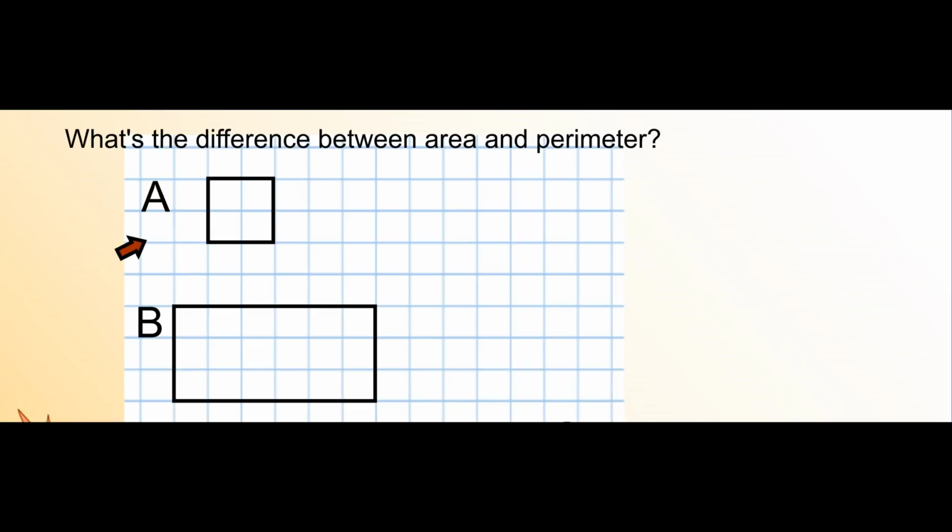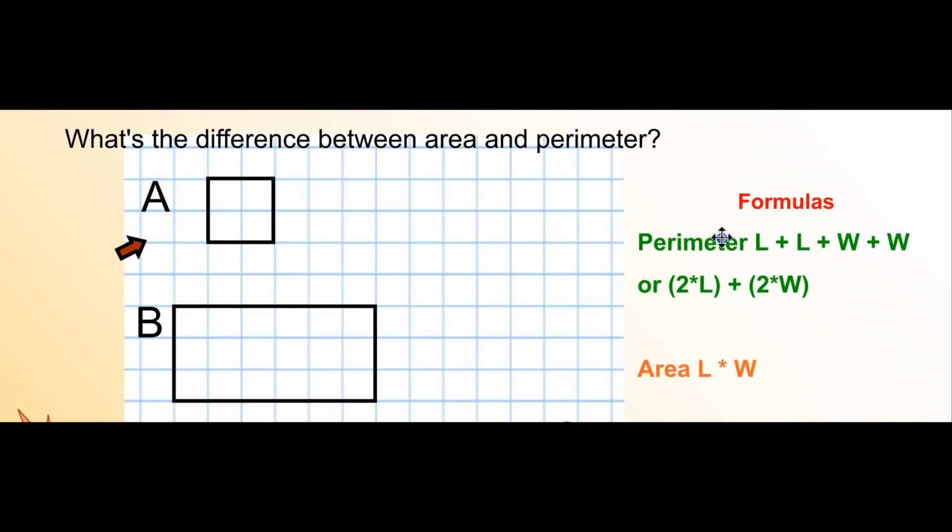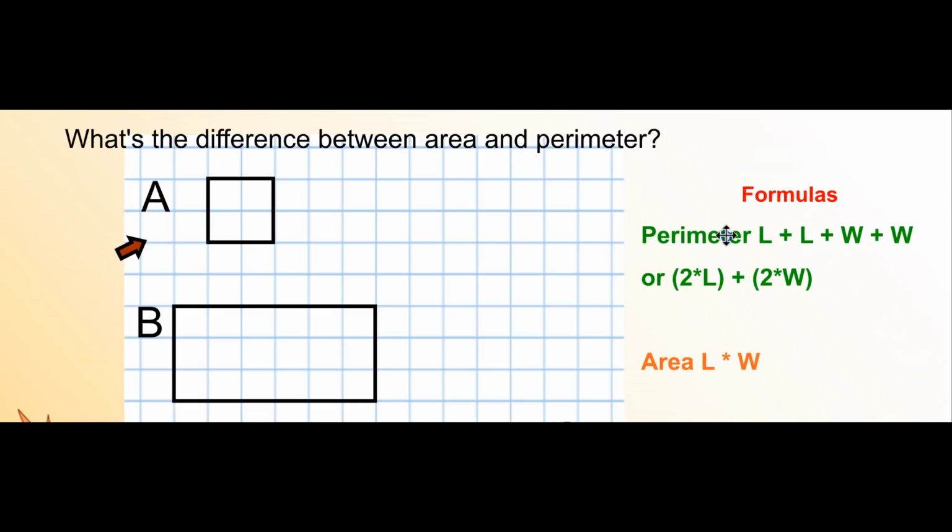We now know the formulas for perimeter and area. For perimeter, I would add all 4 of my side lengths. Or I could do 2 times length plus 2 times width.